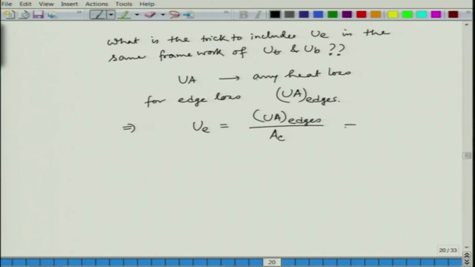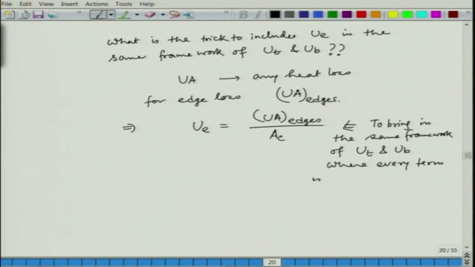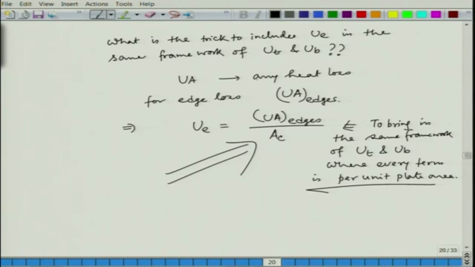That is the trick to bring it into the same framework of UT and UB, where every term is per unit plate or collector area. Please remember this small change, otherwise it will be all hodgepodge when you actually implement.